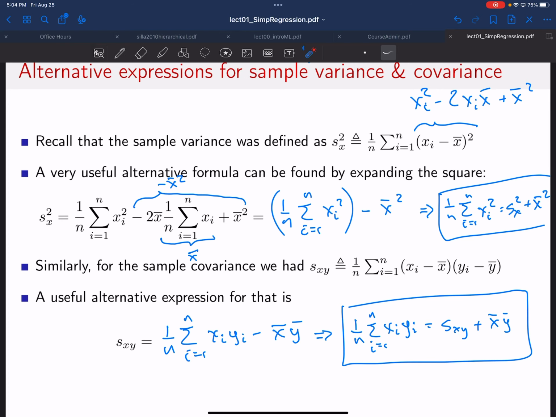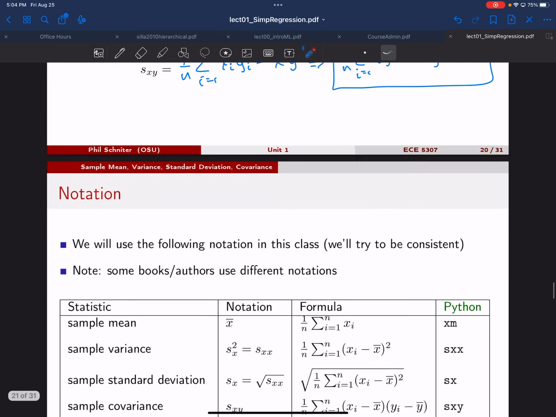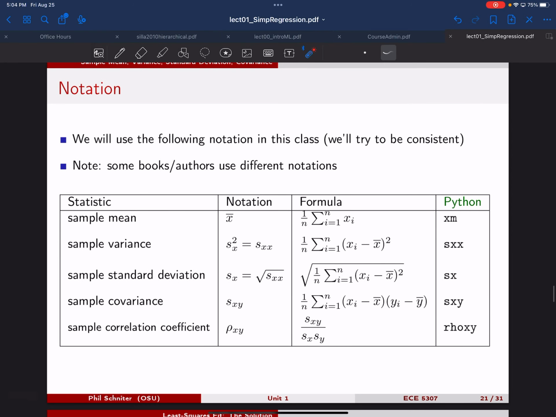Okay, so the only thing left to do then is to summarize what we said. So here we have a nice little table with some terms, notation, formulas, and what we'll typically call these in Python. So the sample mean of x, we denote that with a bar on top.